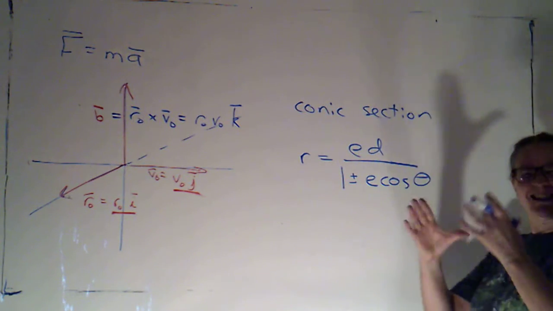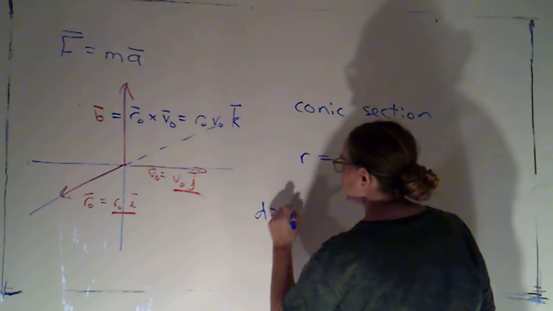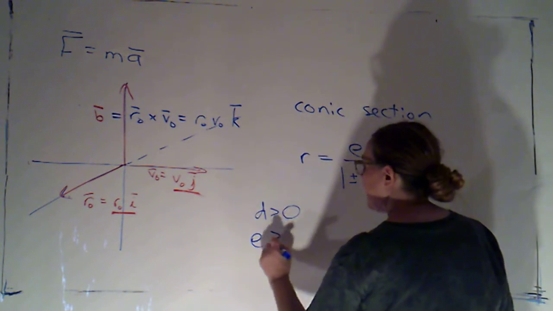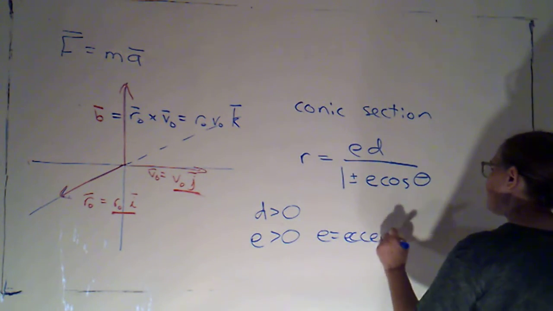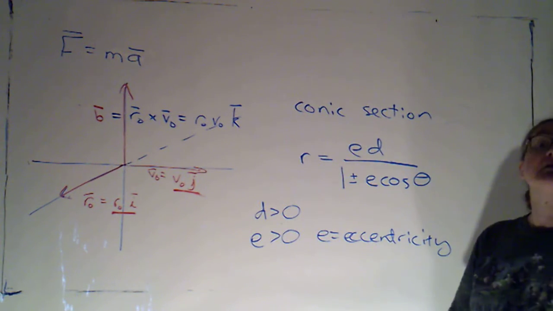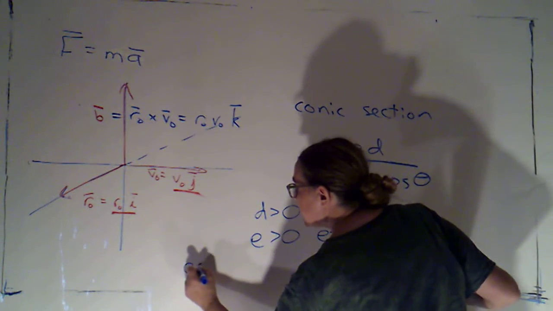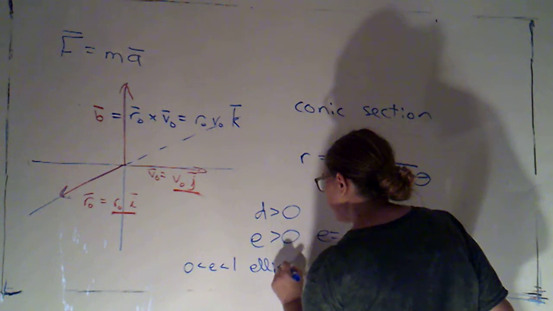d is a distance that we have. So d is going to be a positive constant. And e is also a positive number. e is our eccentricity. And the eccentricity, the value of e, determines which type of conic section I have. So if 0 is less than e is less than 1, I'm going to have an ellipse.